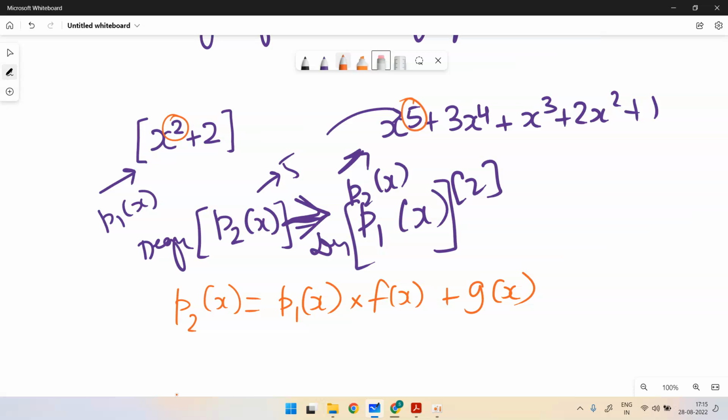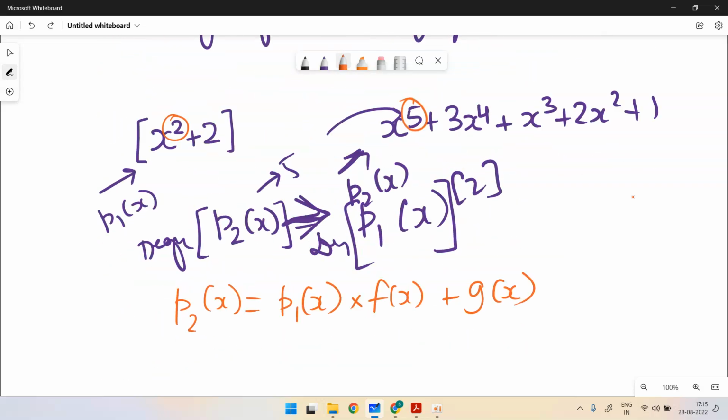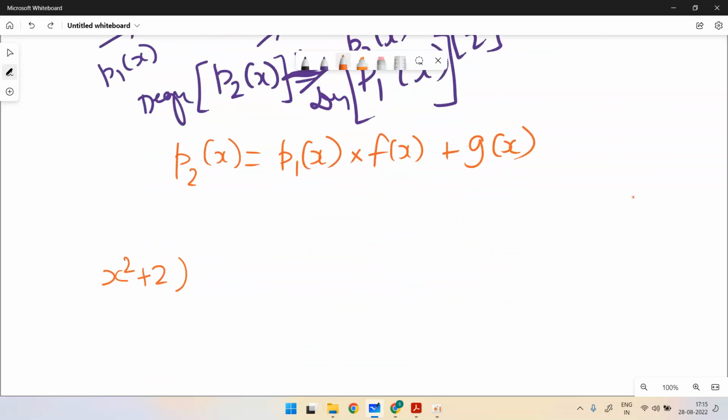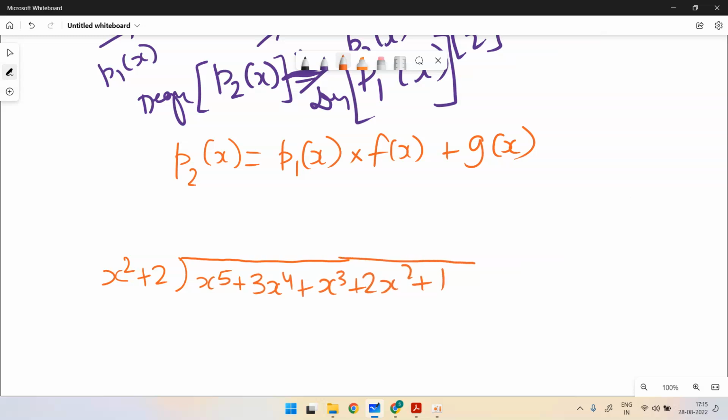Now, how can I write this? I want to divide x^5 + 3x^4 + x^3 + 2x^2 + 1 by x^2 + 2. The degree of this is 2, this is 5, so this is greater.